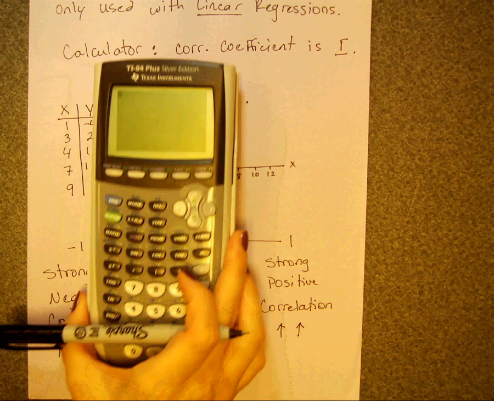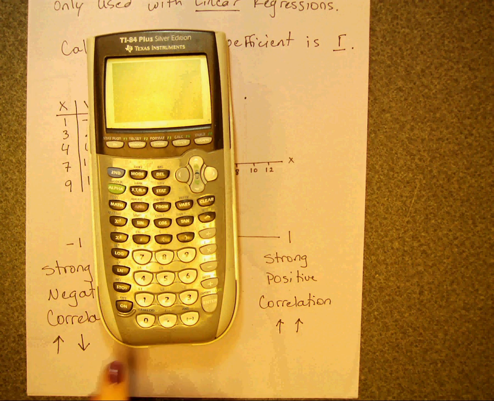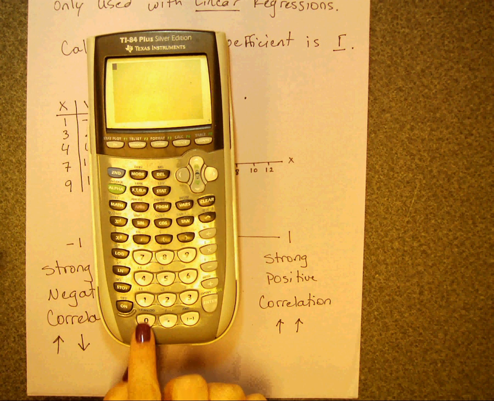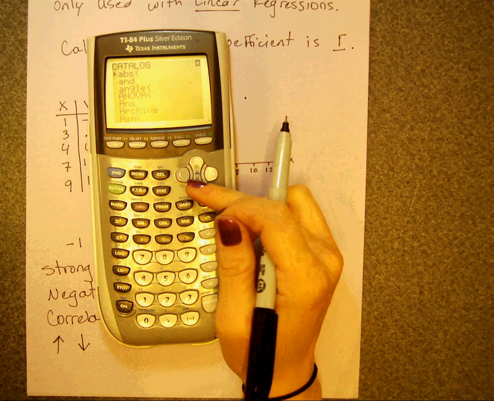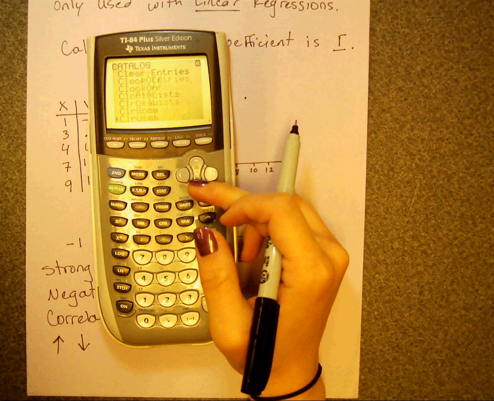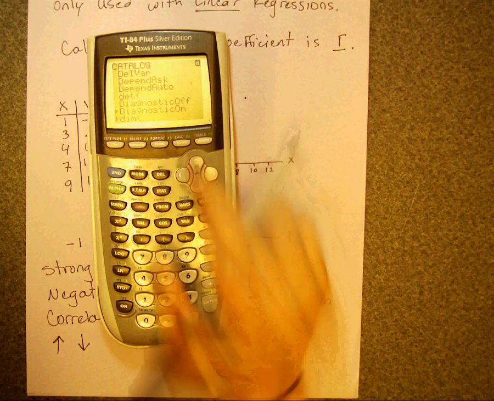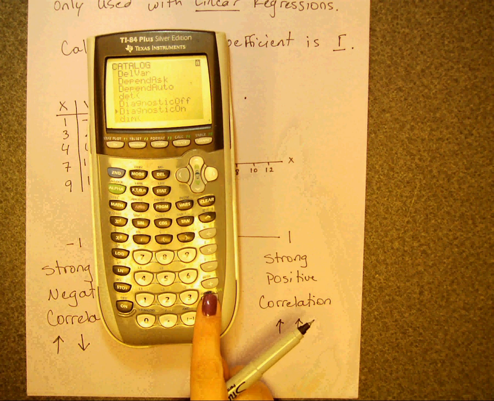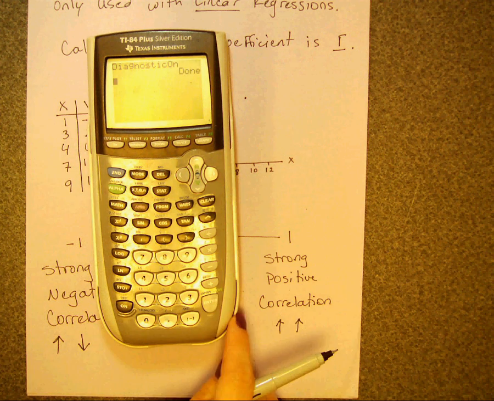Above the 0 it says catalog in blue, so I'm going to press second, 0, catalog, and scroll down to the D. I'm looking for diagnostic on. So down, down, down, down, down, down, down. Diagnostic on, and I'll press enter and press enter again, and it says done.